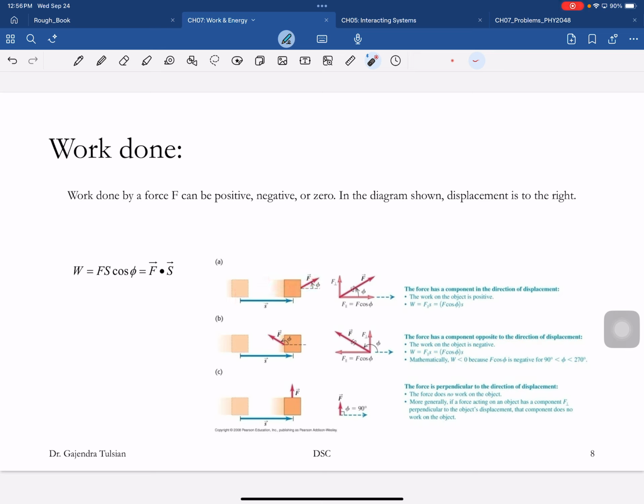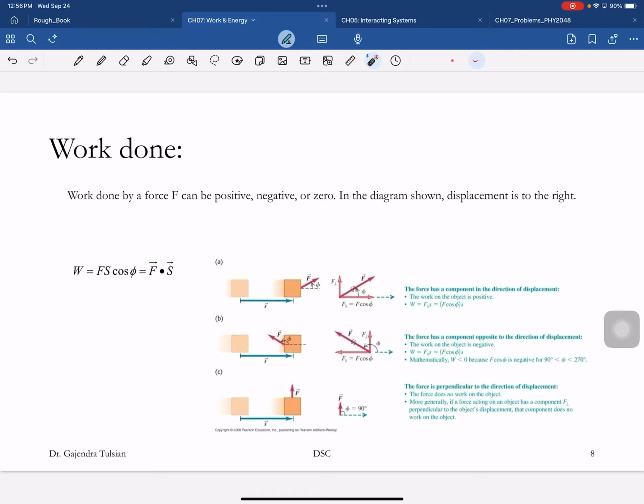If the angle between the force and the displacement is acute, you've done positive work. If the angle between the force and the displacement is obtuse, you've done negative work.